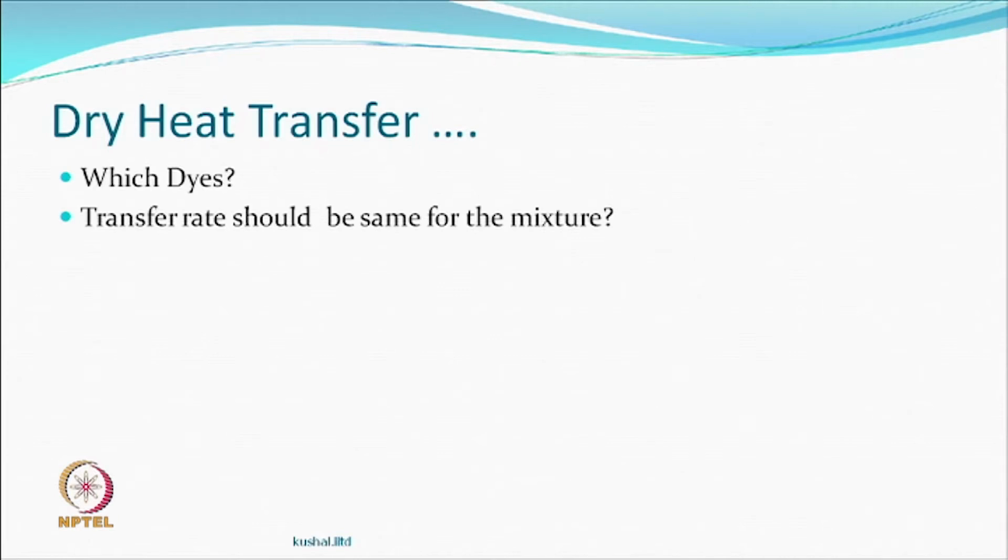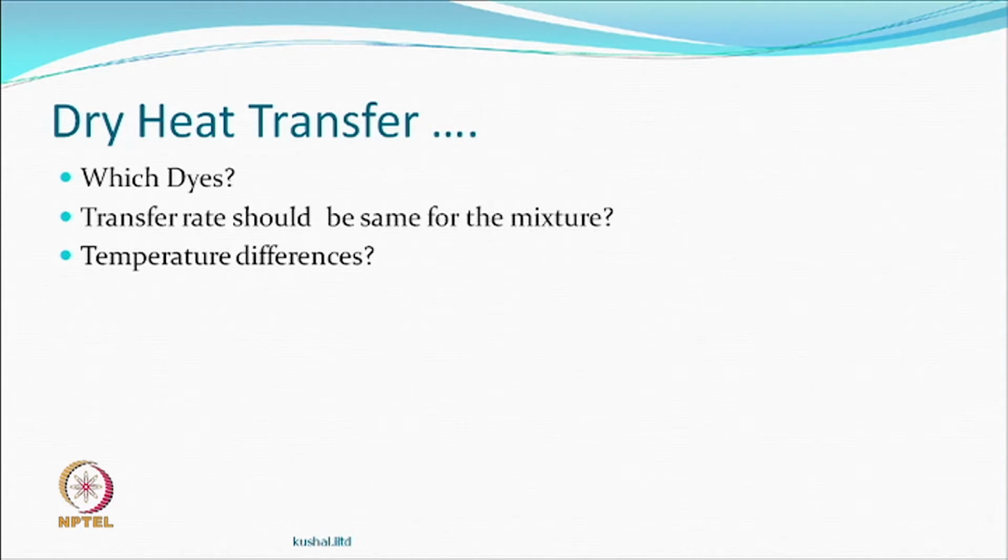The transfer rate should be the same for the mixture. This one has to be worked out carefully in consultation with the dye manufacturer. Dye manufacturers give you charts which have all the experiments done on the dyes, and when you try to mix them up, you should know which dyes to mix, because you will be using mixtures of dyes to get different shades. The temperature where a reasonable amount of sublimation takes place may be different for different dyes.